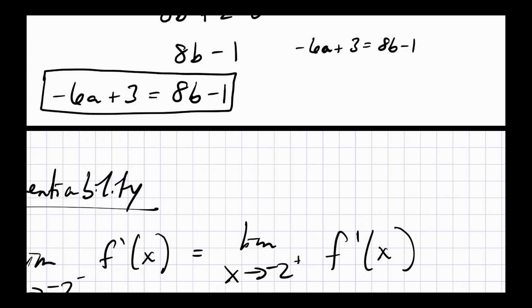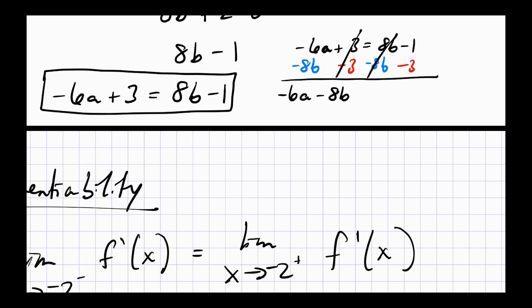So I'm going to subtract 3 over here, and subtract -8b over here. The 3's will cancel out, the 8b's will cancel out, so I get -6a minus 8b equals -4.